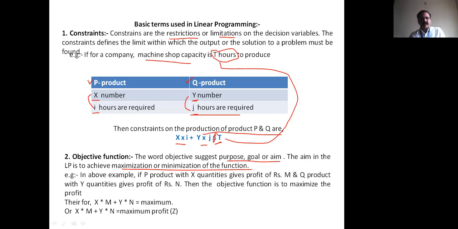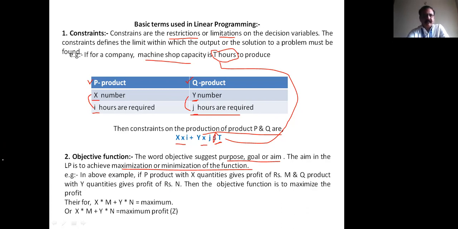Therefore, here the objective function defines the purpose, goal, or aim, and the aim of linear programming is always to achieve the maximization or minimization of the function. Let us see a simple example.